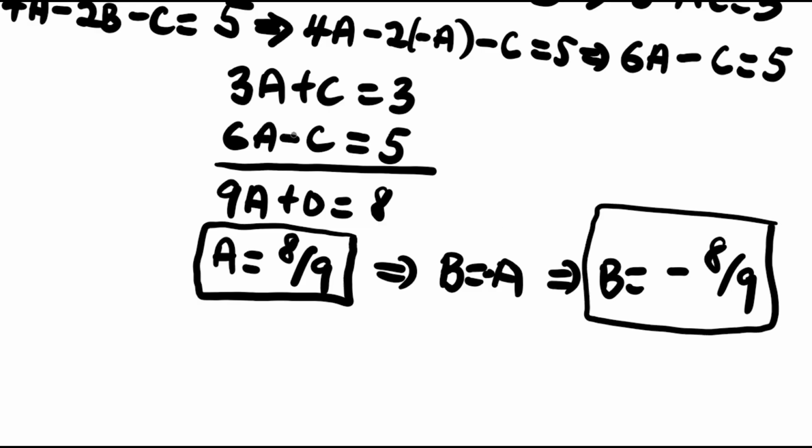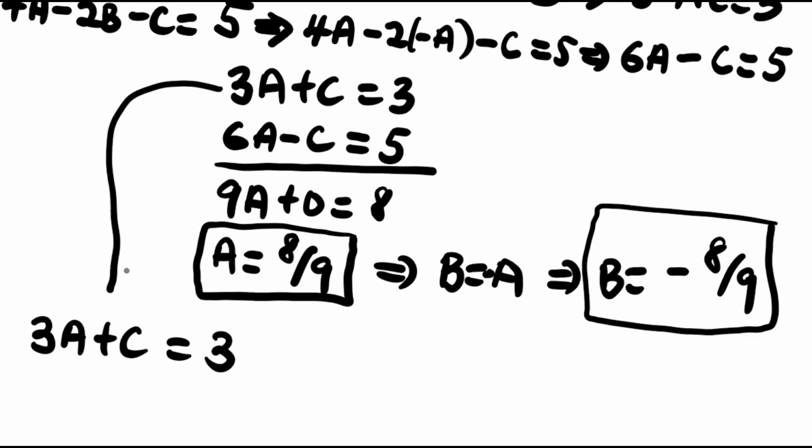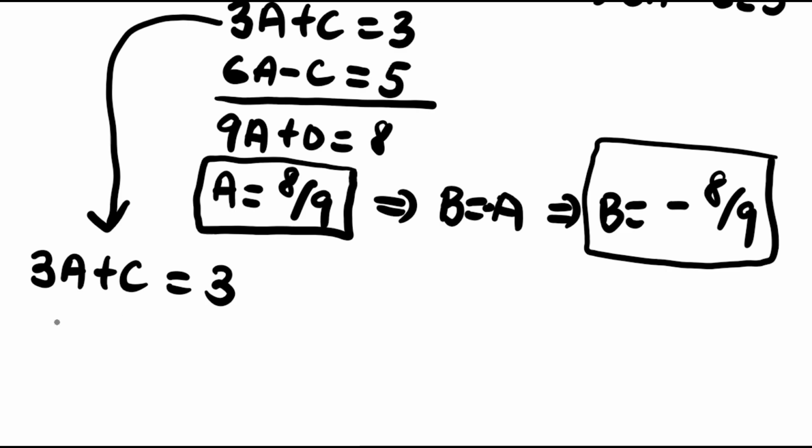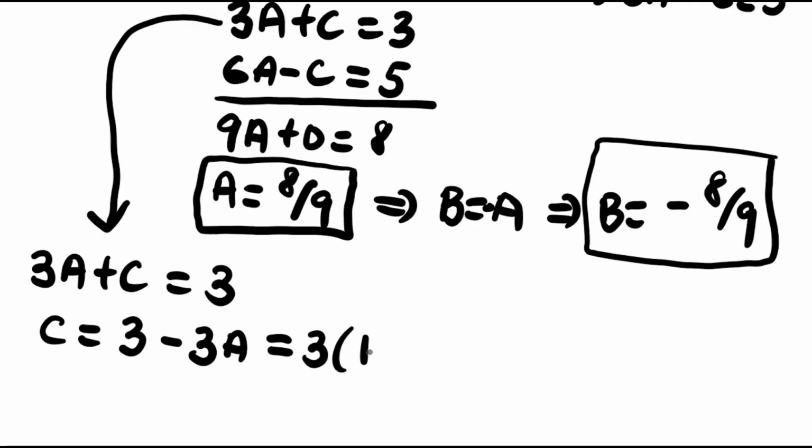Now let's find the value for c. Let's take one of these equations. We have 3a plus c equals 3. I'm picking this equation now that I know the value of a already. So c will be equal to 3 minus 3a. This will be equal to 3 into bracket 1 minus a. I'm just factorizing 3 out.